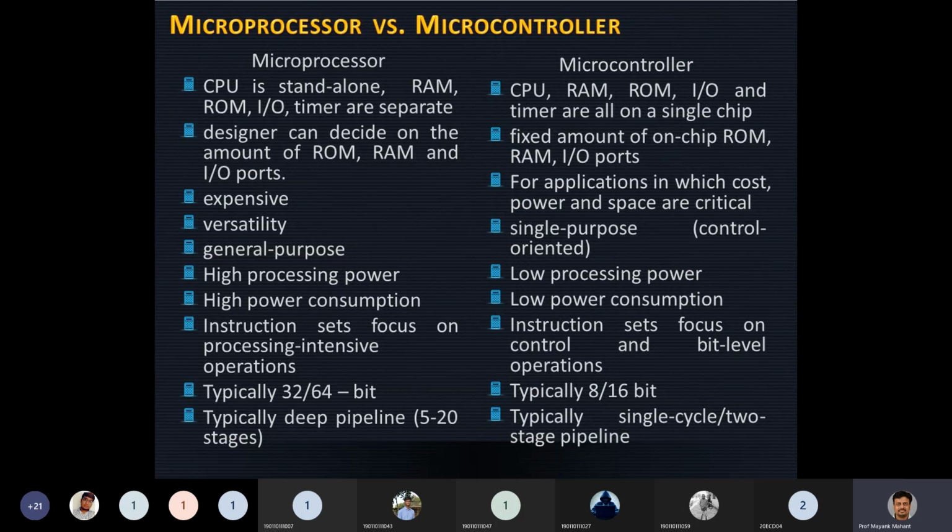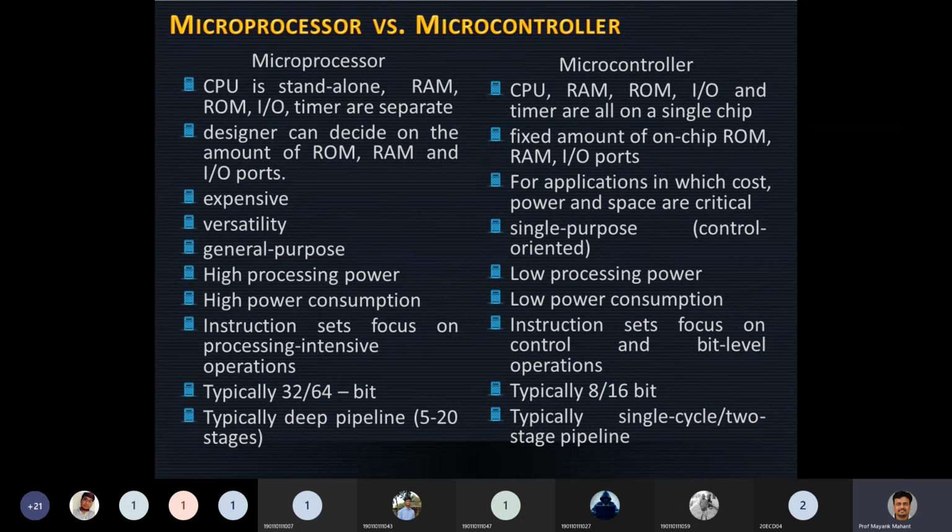But in a microcontroller, we have the CPU, RAM, ROM, IO and all the other devices such as timer counter, ADC and DACs, all on a single chip. So this is one of the biggest advantages of the microcontroller, that everything is available on a single chip.